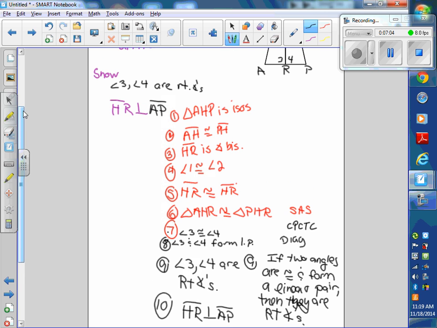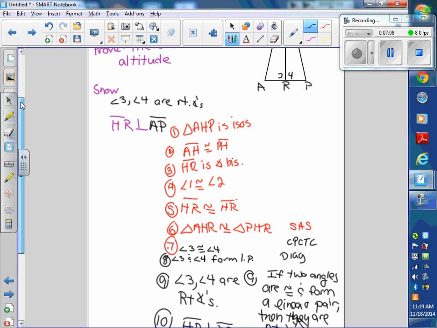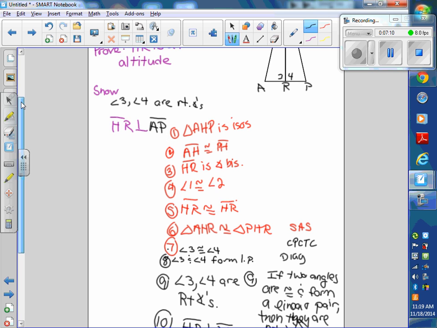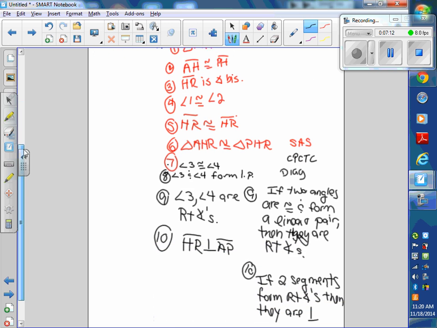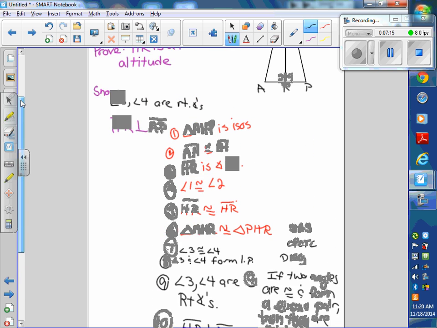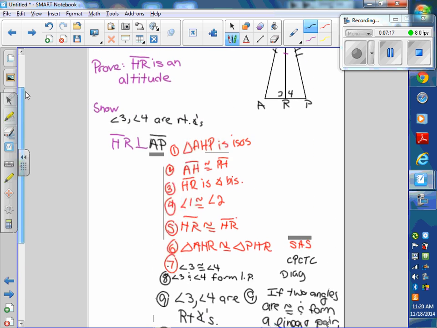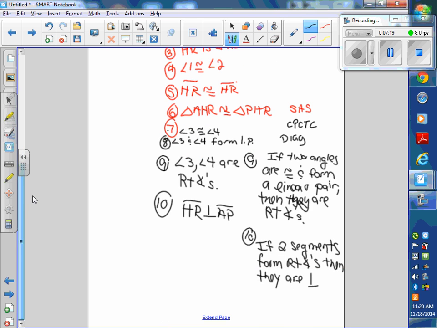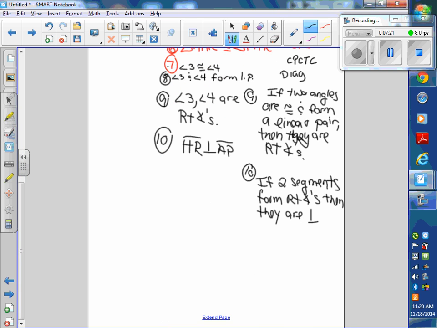Are you okay with the reasons on the right-hand side up to that, because we're running a little short on time? Yes. But after 10, don't you have to say that it's an altitude? So the next step is HR is an altitude, because an altitude is perpendicular to the base.